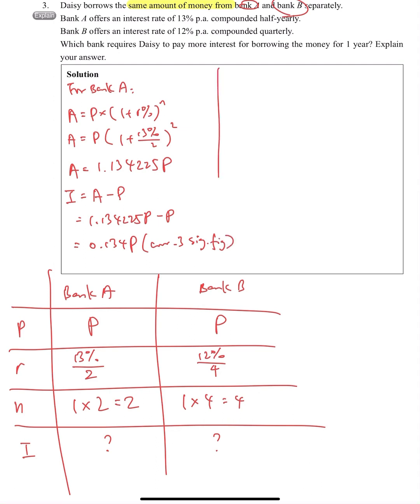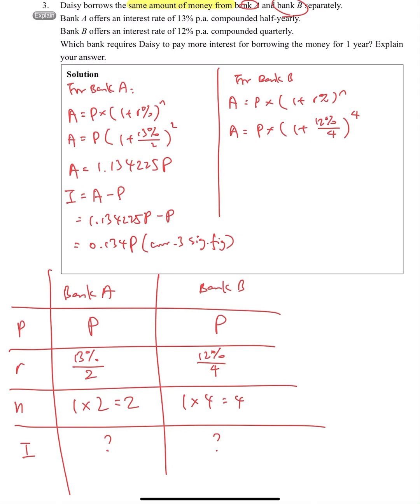And then we calculate for Bank B as well. For Bank B, the amount is going to be equal to the principal times (1 plus r%) to the power of n. We're using a similar formula, so the amount is equal to P times (1 plus r%), where r% is the interest rate per quarter, which is 12% divided by 4. The small n, which is the number of periods, is going to be 4.